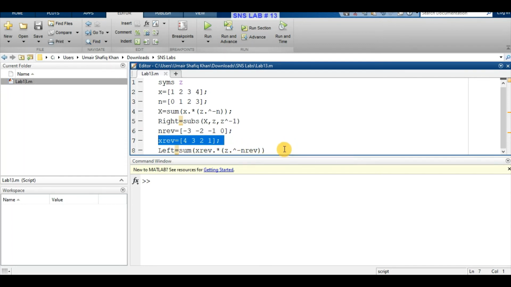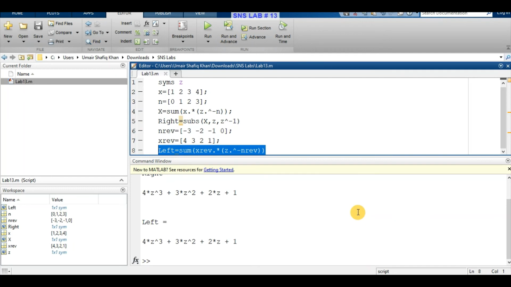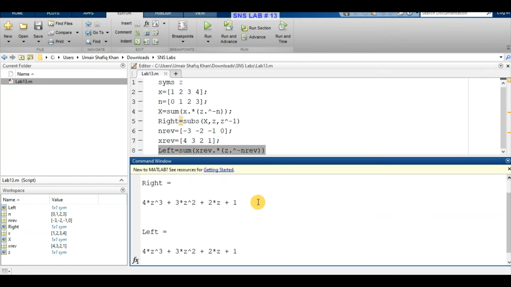We will use the same methodology to compute the z transform for this signal, and this will return the left side of the property. By running this script we can see that the right hand side is equal to the left hand side, so the time reversal property can be verified by this methodology in z transform.